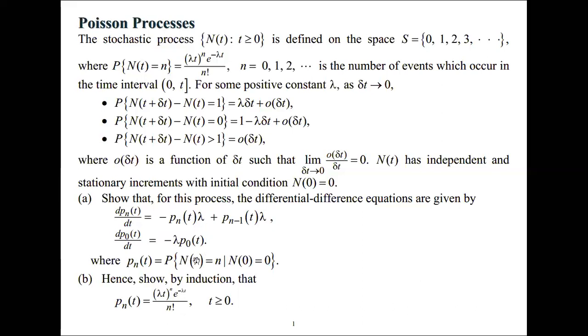N here is the number of events that occur within a time interval from 0 to t. We are also supposed to show by induction that the probability that n events take place within the time interval 0 to t is given by this Poisson distribution equation.